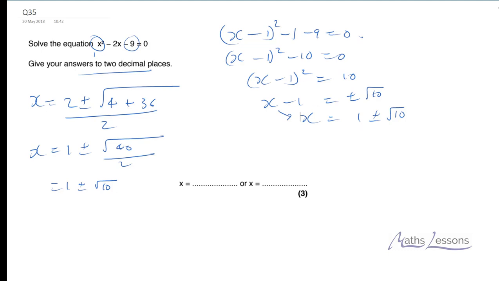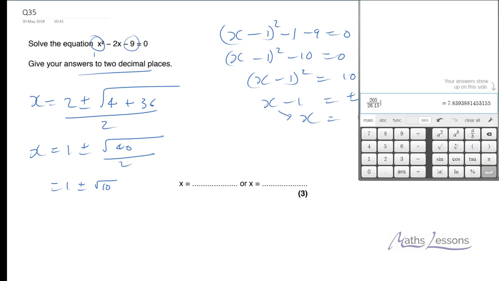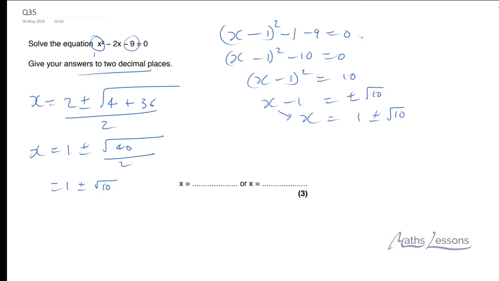So if I get my calculator, because it does ask us for so many decimal places, we can do 1 plus the square root of 10. Let's get a new line. 1 plus the square root of 10 gives 4.1622. To 2 decimal places, that's 4.16.